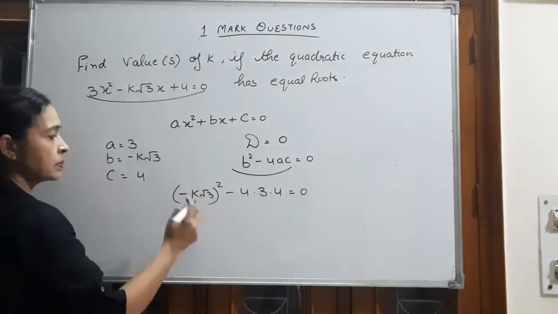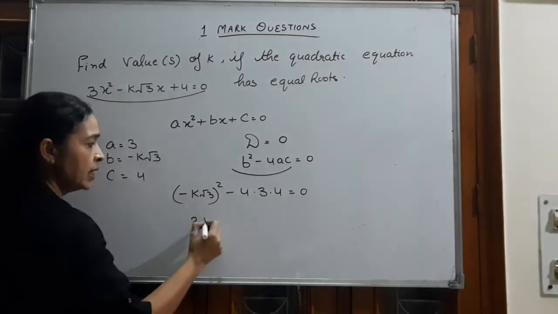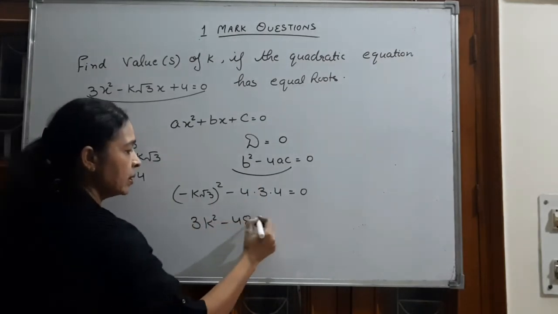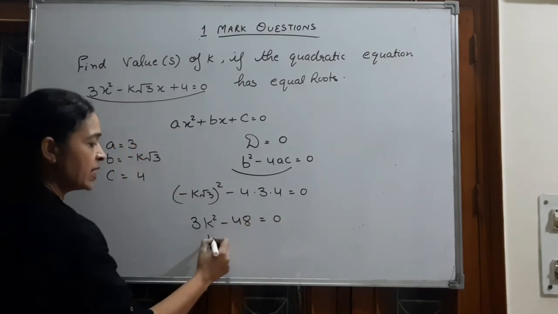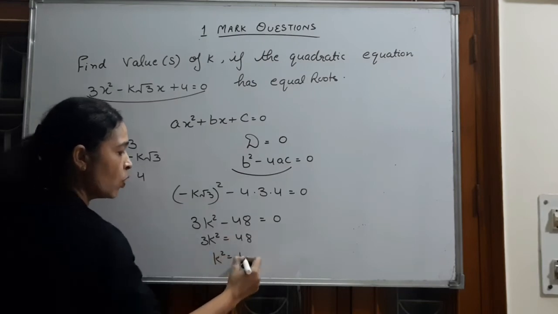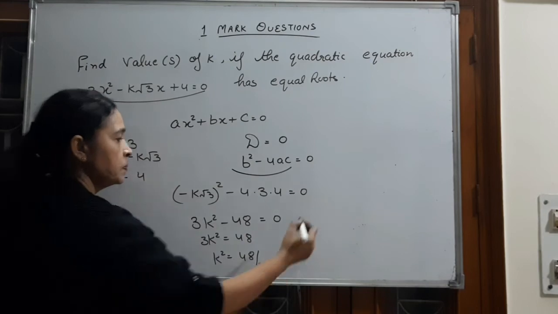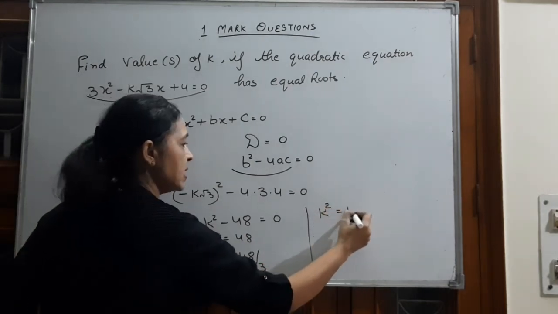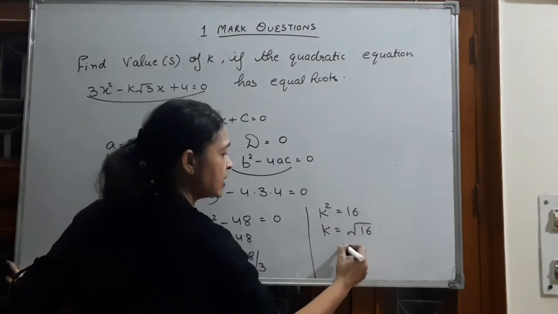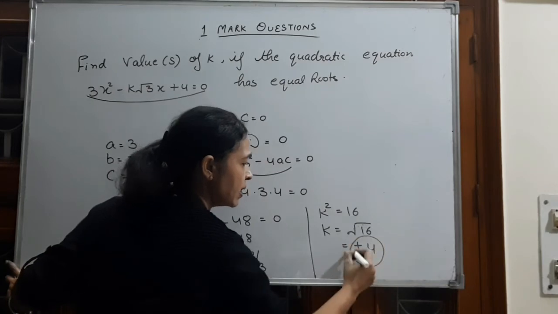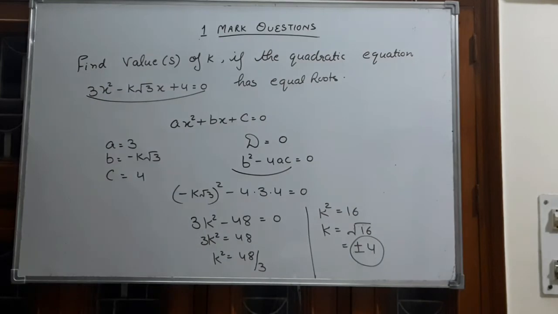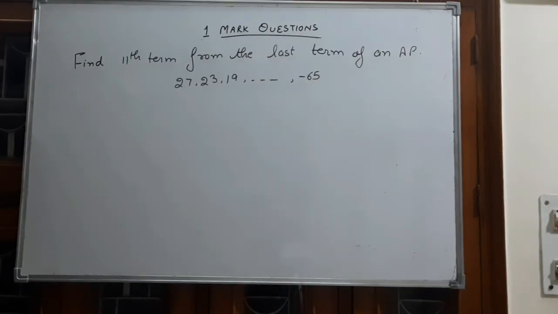Minus into minus is plus, so k square, root 3 into root 3 is 3. So 3k square minus 4 3s are 12, 12 4s are 48 equals 0. So 3k square equals 48 and k square equals 48 by 3. K square is 16. What will be the value of k? K is root 16, that is plus minus 4. We have two values of k, plus minus 4.